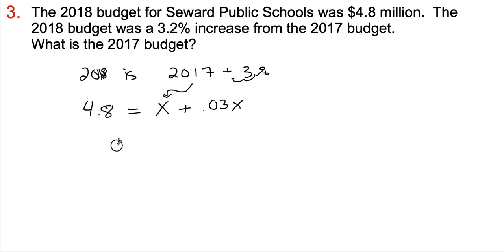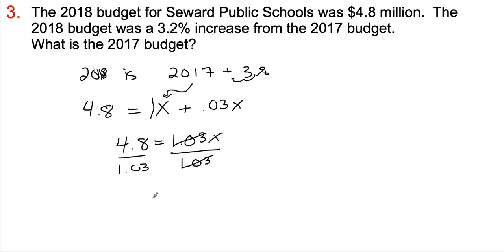All right. So 4.8 is equal to, so 0.03, this is a 1, so we could do 1.03x, and then solve by dividing by 1.03, and that's gone. And we get x is equal to 4.65.